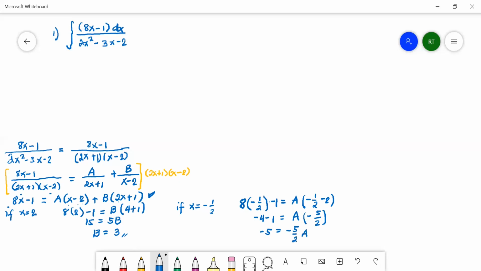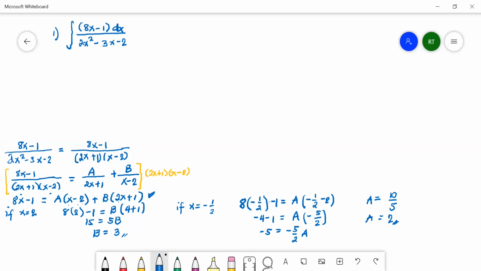And if we solve for a, we can just multiply both sides of the equation by negative 2 over 5. Or we can just have a equal to 2 times 5, which gives us 10, over 5, so that a is equal to 2. So we have a equal to 2 and b equal to 3.